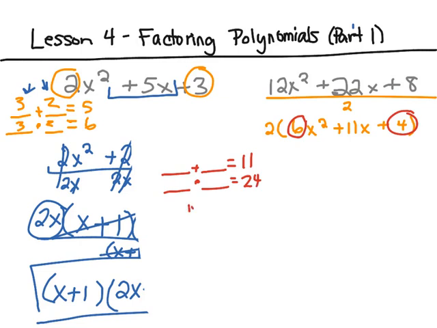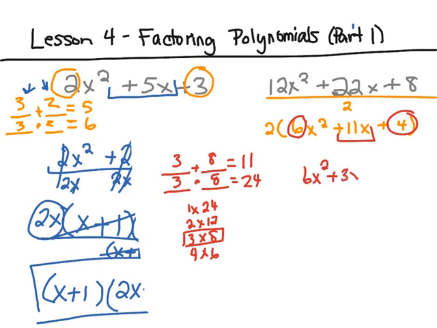So we have 1 times 24, 2 times 12, 3 times 8, and 4 times 6. And 3 plus 8 is 11. So we're going to split up our middle term, and instead of writing 11x, we're going to write 3x and 8x. And remember, it's still multiplied by 2.